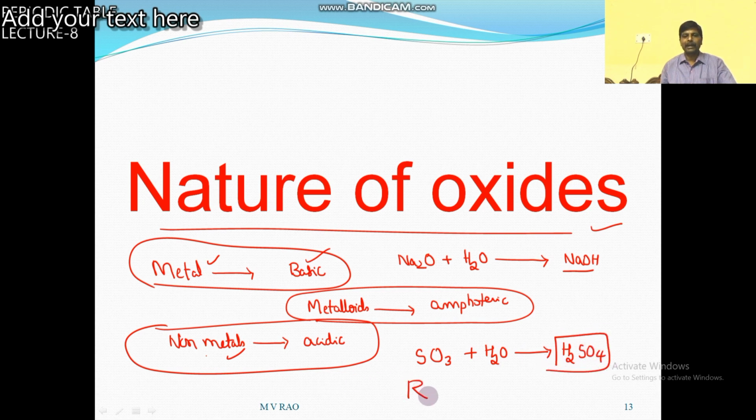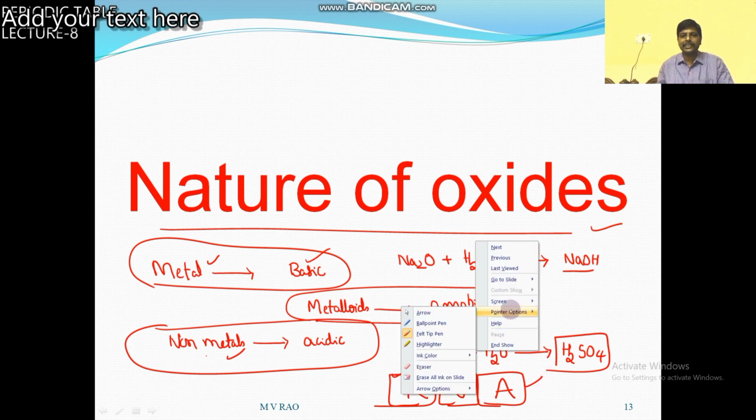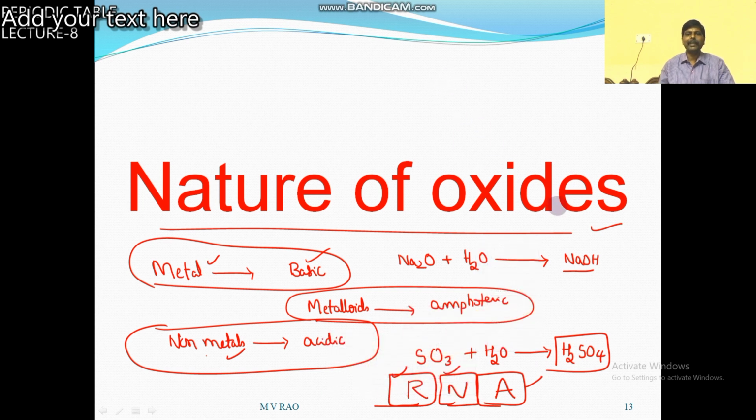Remember, on the right side of the periodic table, non-metals are acidic.